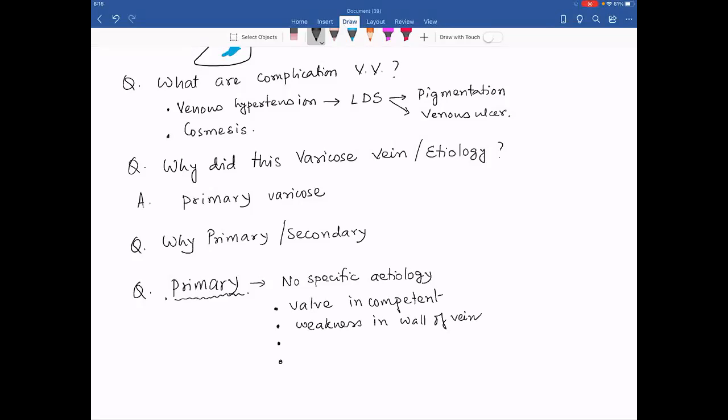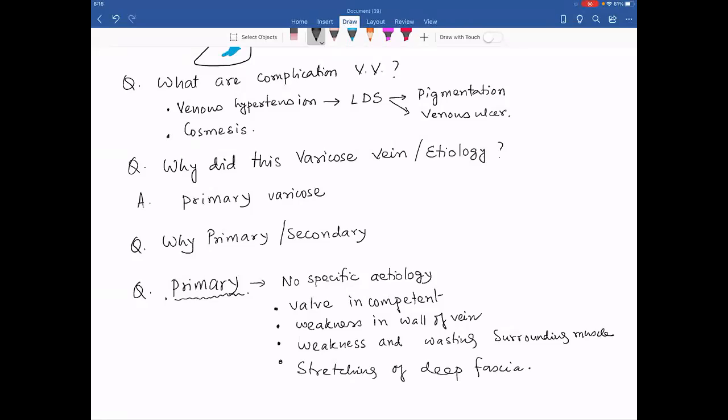Point number 3, weakness and wasting of surrounding muscle. Not a very strong factor, but still is. Last one, stretching of deep fascia. My handwriting is not that good, so please remember this.